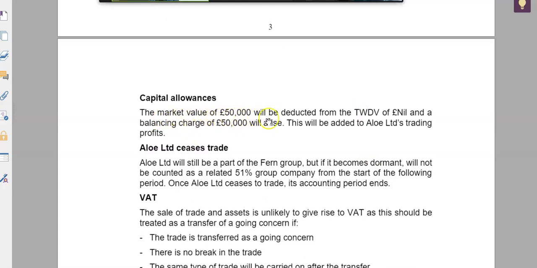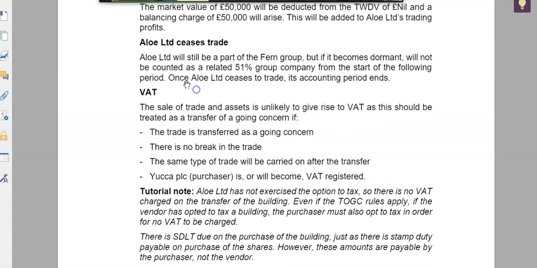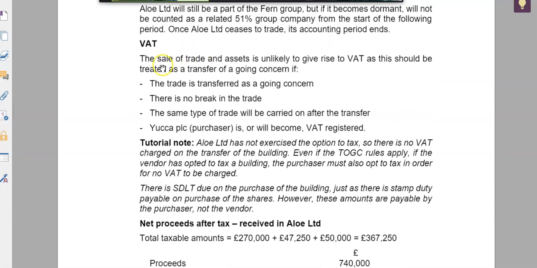Capital market value is 50,000 deducted from the TWDV, and a balancing charge of 50,000. This will be added to the LO's trading income. So the cessation of trade, we wrote it as well. VAT, we forgot to mention VAT. That was a transfer of a going concern, which should have been mentioned.